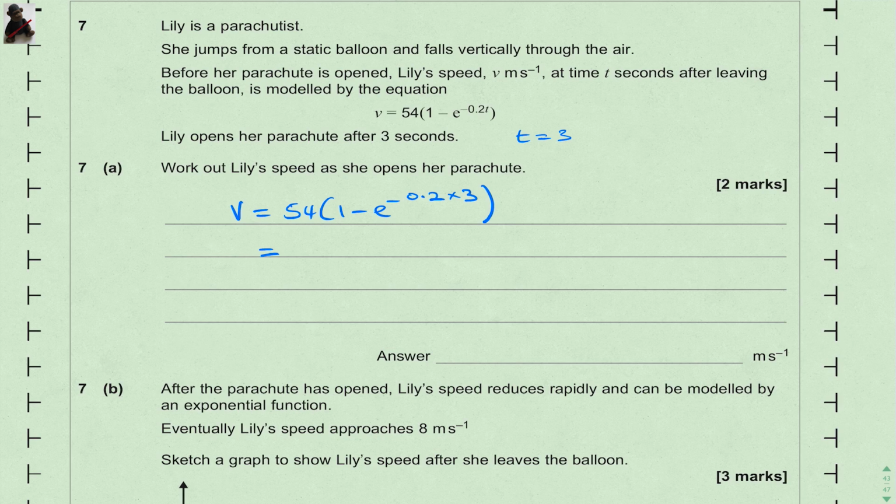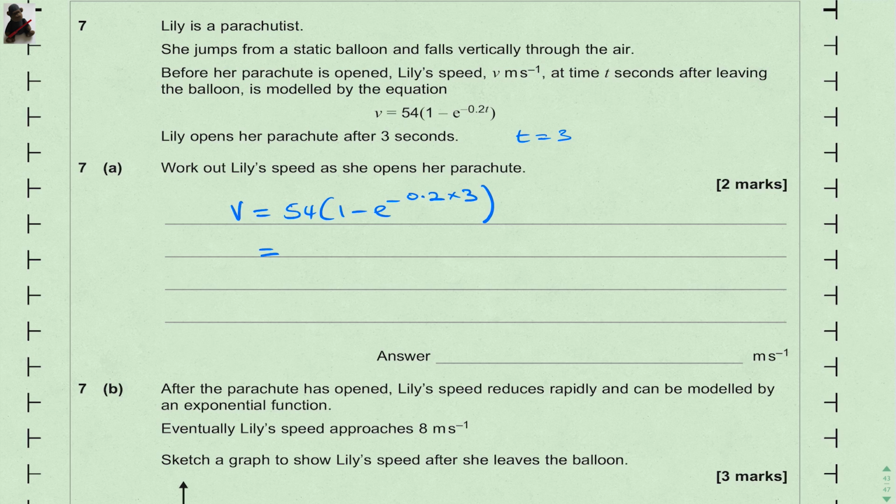So we just do 54 open bracket, then put 1 minus, you need to do shift ln, ln is below x and above tan.